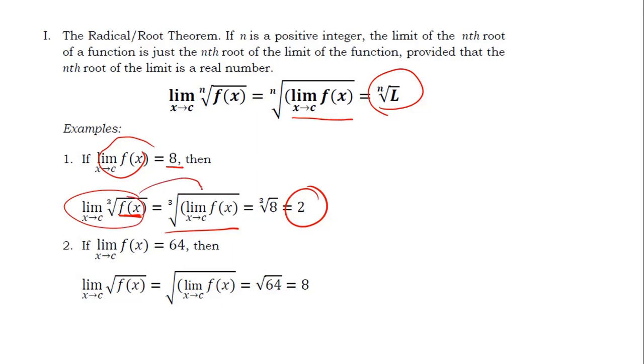Same with this, we rewrite in solving. The cube root of 8 is positive 2. For 64, the square root of that function is equal to the square root of the limit of the function, which is 64, and the square root of 64 is equal to 8.